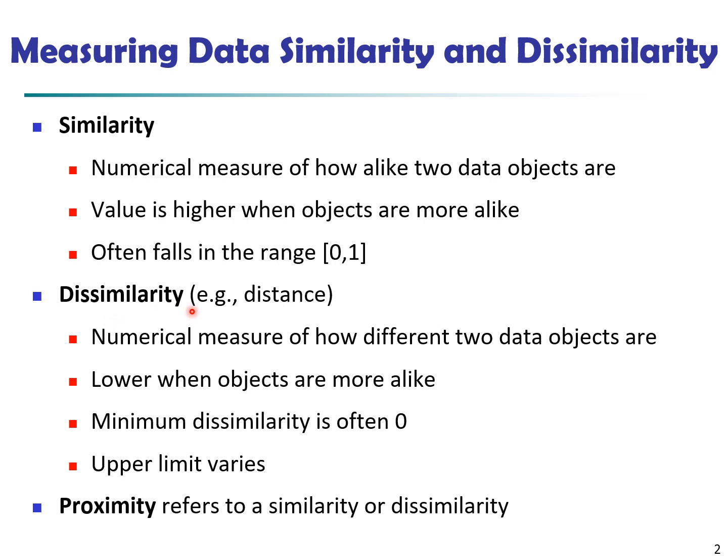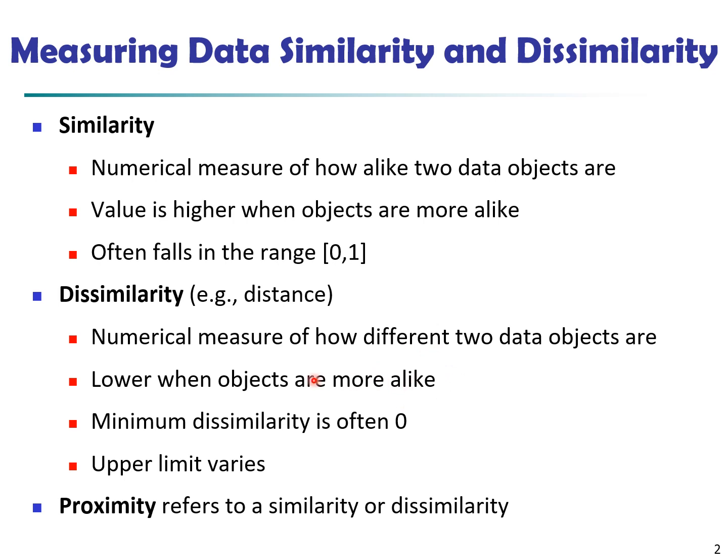Dissimilarity is a numerical measure of how different two data objects are. So it is the opposite of similarity. It's lower if the objects are more alike.